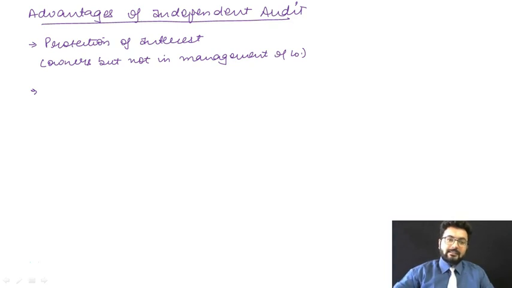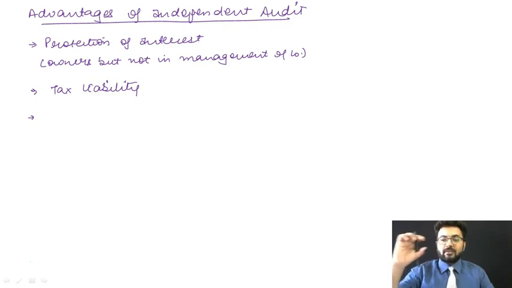After that, tax liability. The government will see that yes, an independent person has done the audit. Now, whatever the profit and losses are, they are going to be true, and the tax liability, whatever they have computed, is correct. After that, moral check on employees.